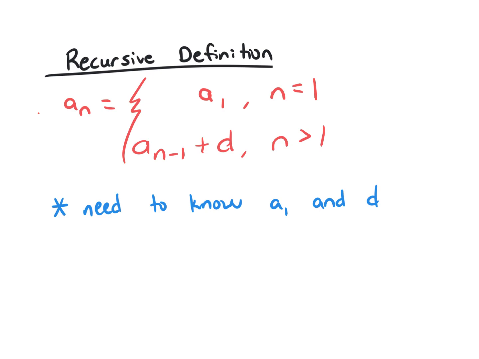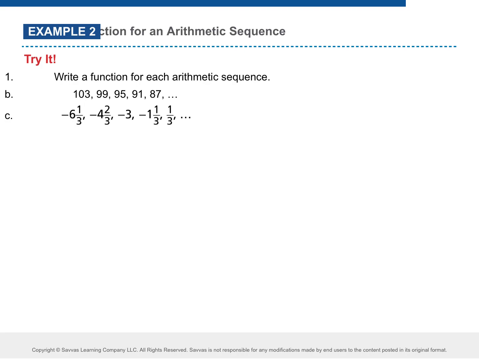Let's go ahead and look at this one here. What is my a1? 103. Okay, what else do we need to know? The common difference. How do I find that? I find out what is in between, right? So how do I get from 103 to 99?